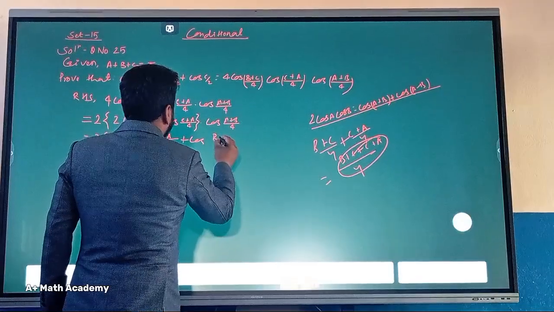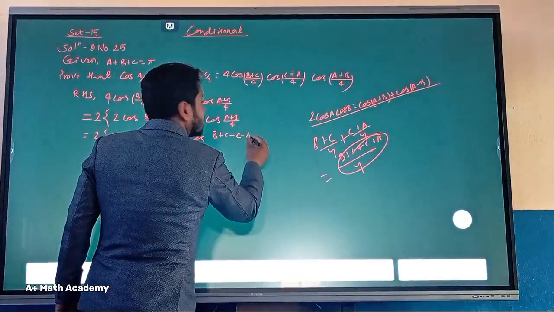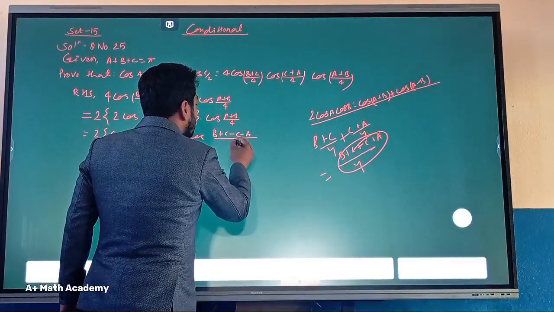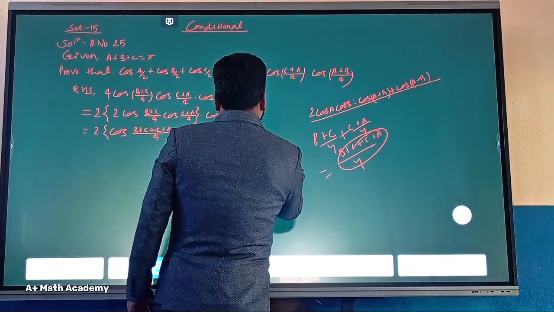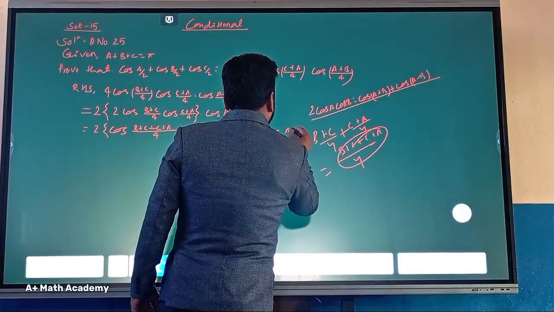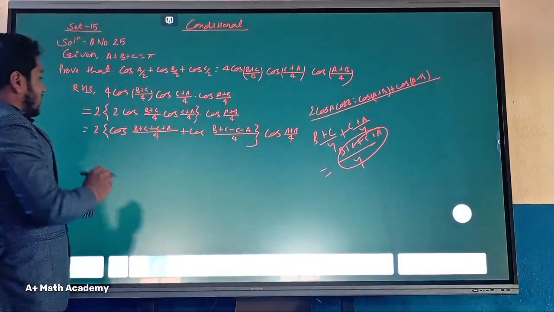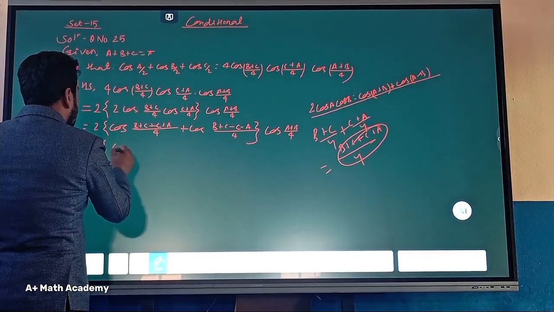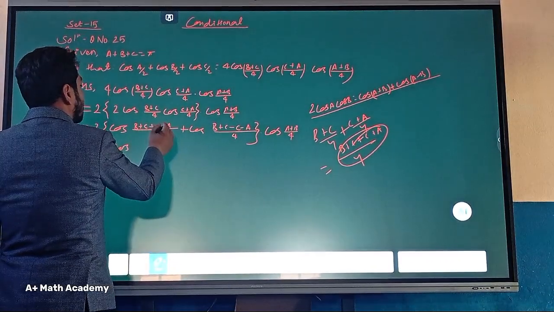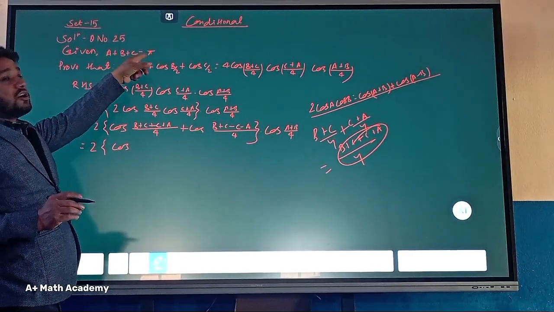The difference is (B plus C minus C minus A) by 4, and the cos (A plus B) by 4 term is here. Now, A plus B plus C: we have been given A plus B plus C equals pi.